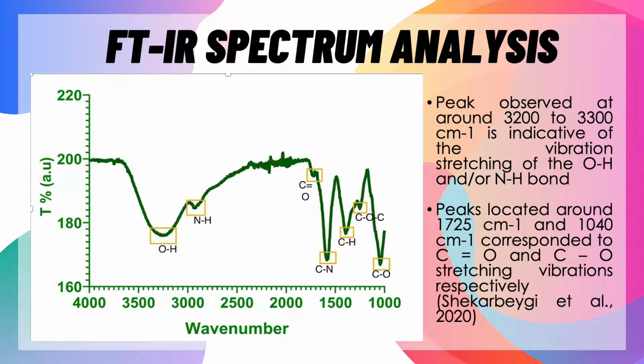There are also peaks around 1725 and 1040, which correspond to C=O and C-O stretching vibrations. The C=O shows the stretching results and the presence of other carboxylic groups, which means there is a presence of oxygen on the surface. When there's an increase in oxygen, it leads to an increase in surface defects. When there are defects, these excitons will be trapped, giving a red-shifted emission.